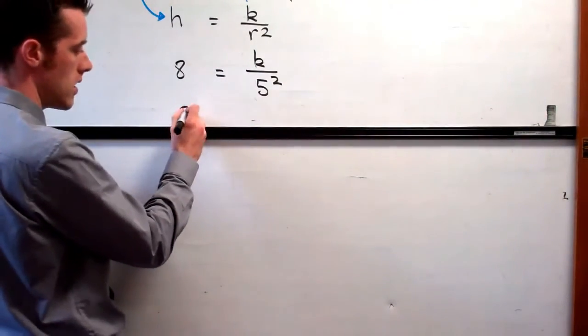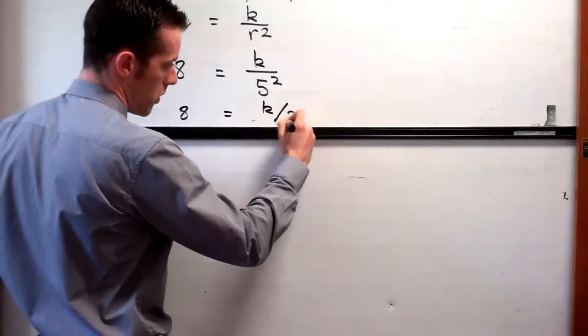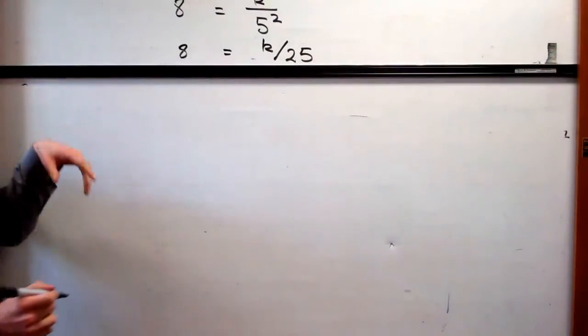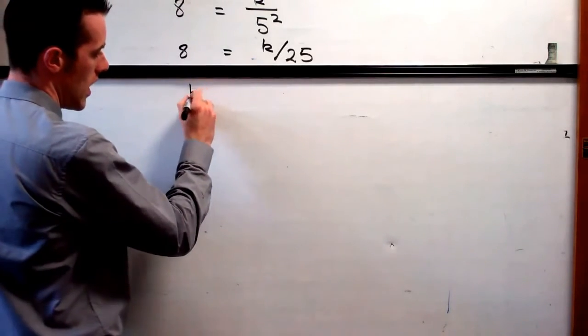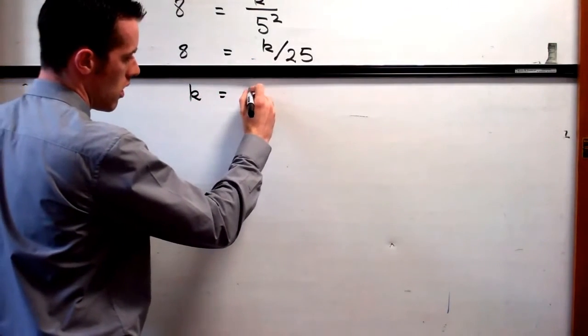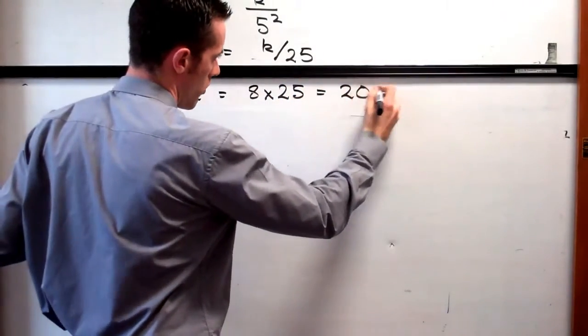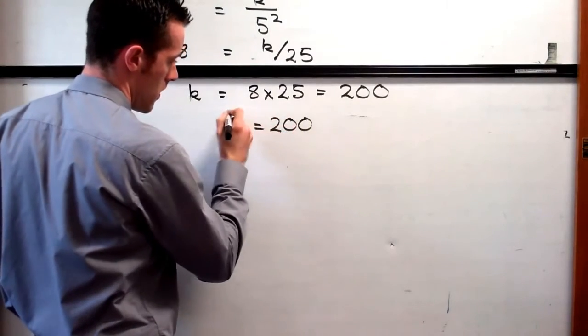So that's going to be 8 equals k over 25. Apologies about this big thing in the road again. Okay, and then 8 equals k over 25, then k equals 8 times 25, which is 200. So k is 200.